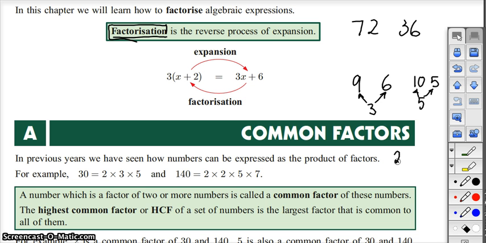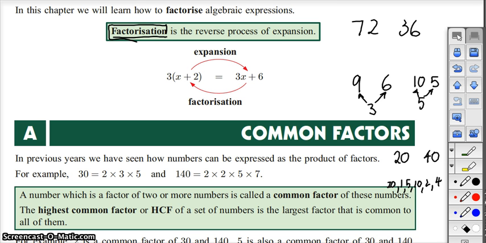If we get gradually bigger, 20 and 40, what's the highest common factor? 20. What are all the common factors of 20 and 40? 1, 2, 4, 5, 10, 20.